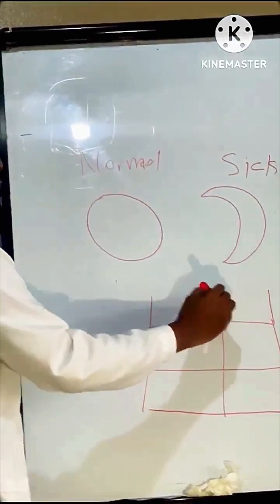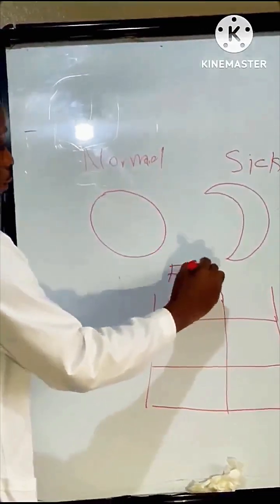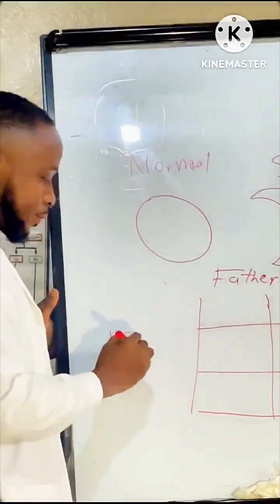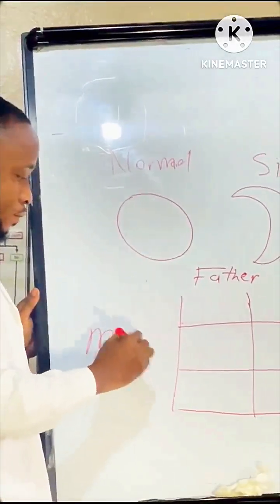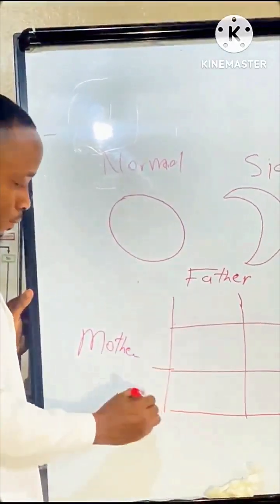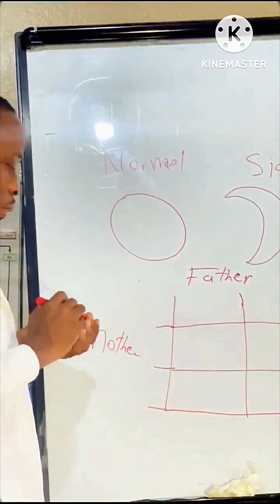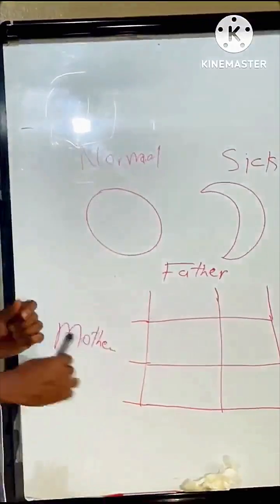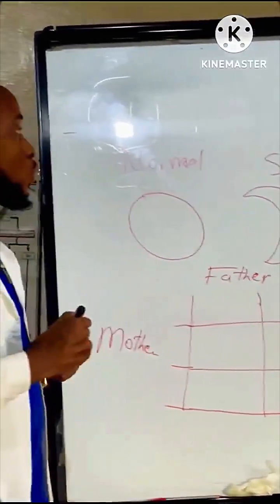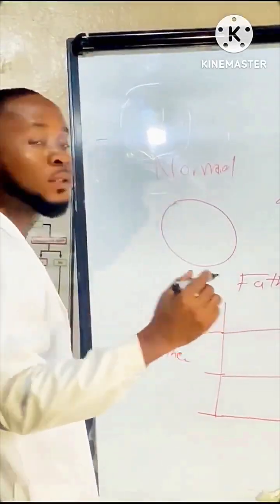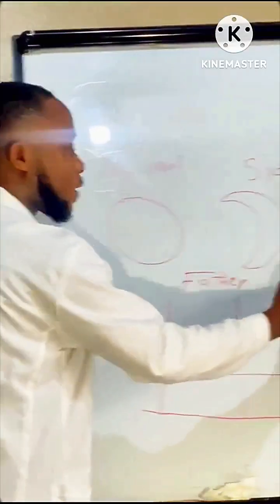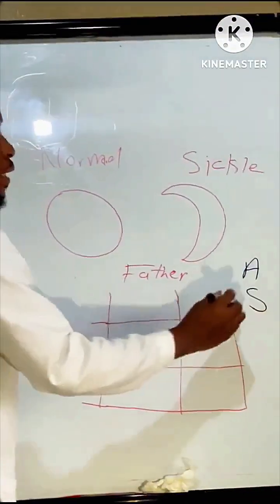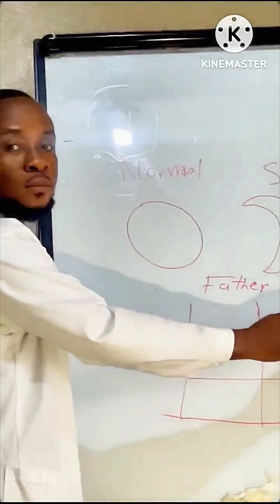So here we have the father and we have the mother here. Alright, so let's consider that the father and the mother are carriers of the gene. We said the normal hemoglobin gene is the A. If S is added, it's a sickle cell gene.